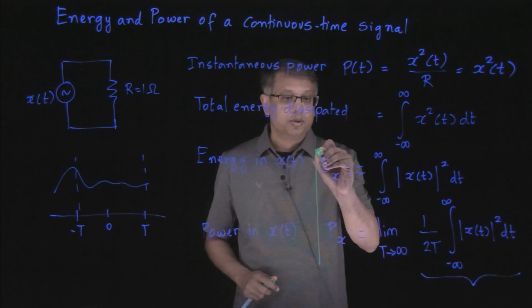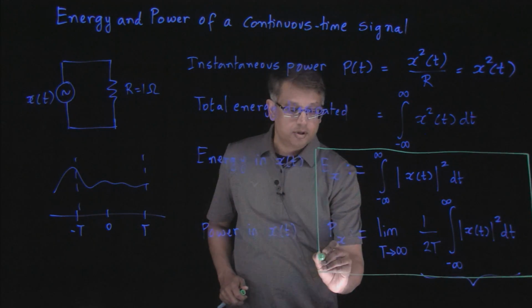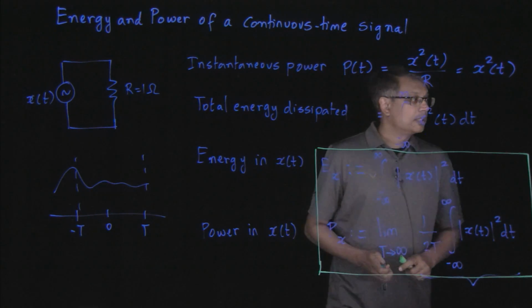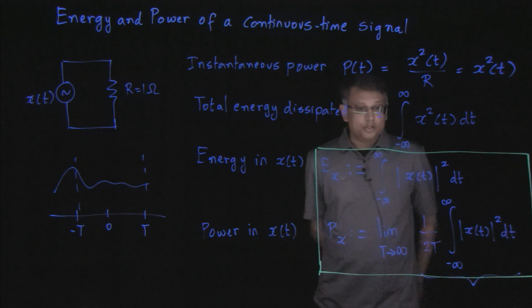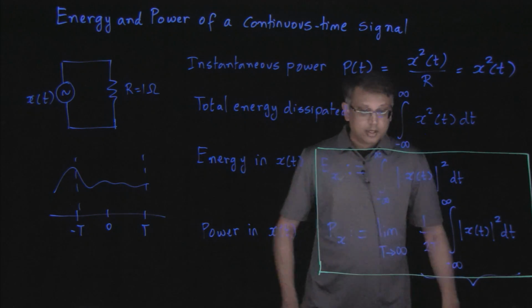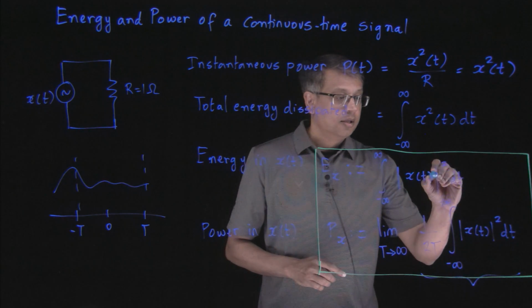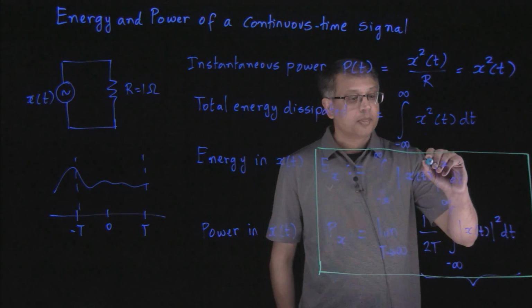So these two expressions are going to be our definition of the energy and power of a continuous time signal x of t. Keep in mind that we are in general interested in complex signals, so we should use the magnitude of x of t and square the magnitude.